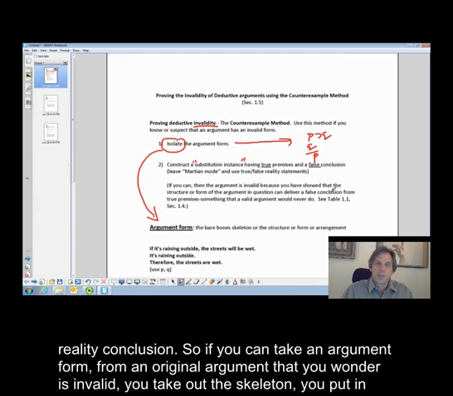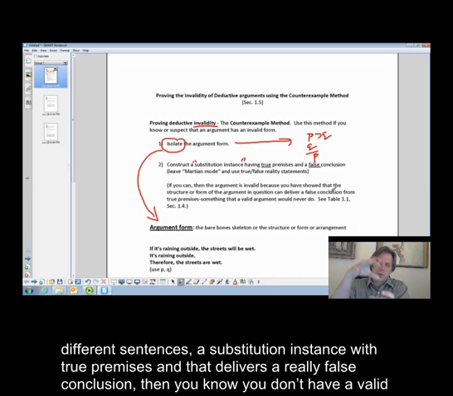So if you can take an argument form from an original argument that you wonder is invalid, take out the skeleton, put in different sentences, a substitution instance with true premises, and that delivers a really false conclusion, then you know you don't have a valid argument, okay?